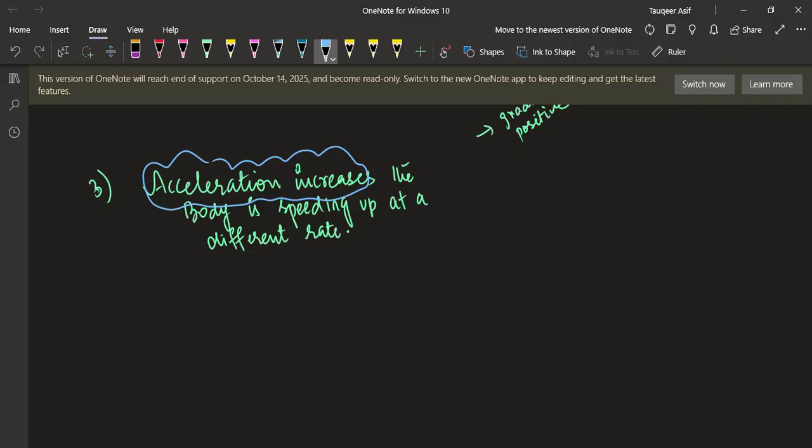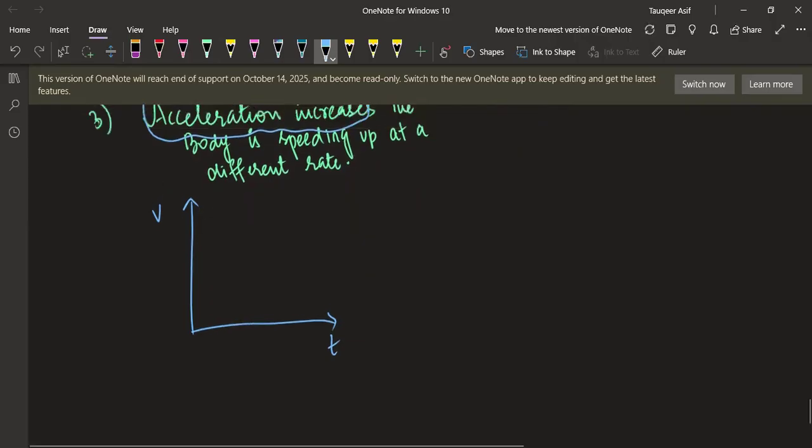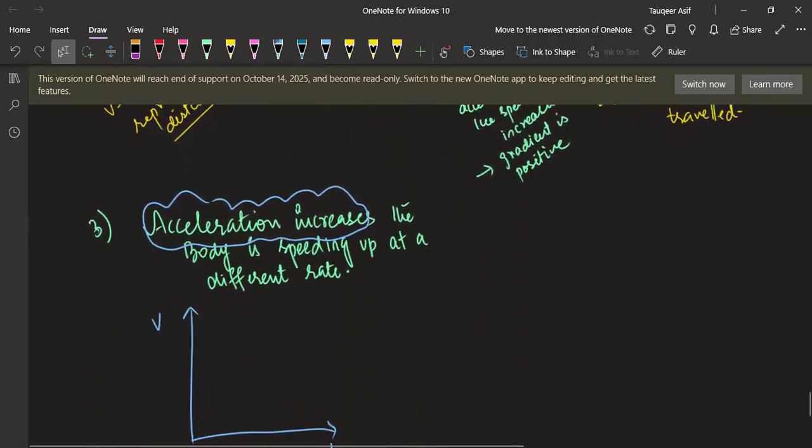So how would the velocity time graph be? First of all, is it going to be a straight line or a curve? A straight line. So what is the difference between a constant acceleration and a variable acceleration?